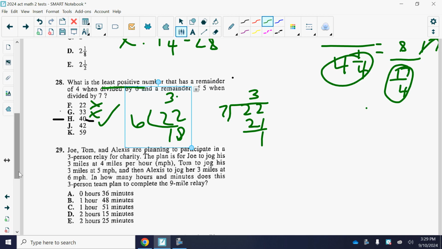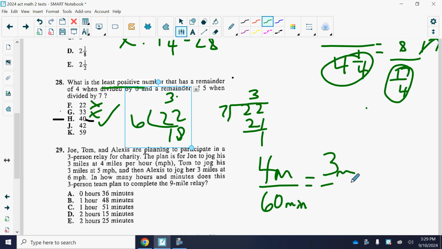All right, it's a 9-mile relay, huh? 3-person relay. Joe's going to jog his 3 miles at 4 miles per hour. So 4 miles in 1 hour means he's going to run 3 miles in X minutes. 4X is 180.